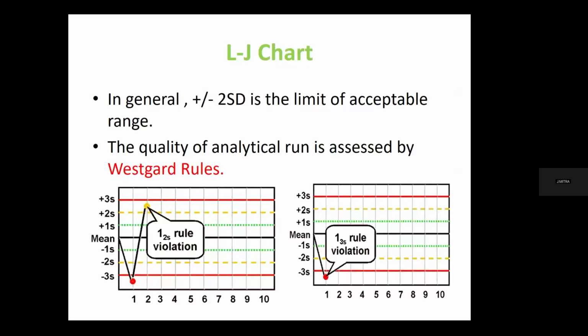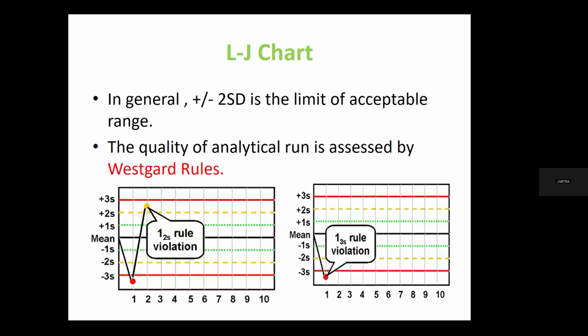To validate whether your Levy-Jennings chart is giving you an accurate result, you have to assess it by Westgard rules. Westgard rules is a vast topic, so I should not discuss it here.